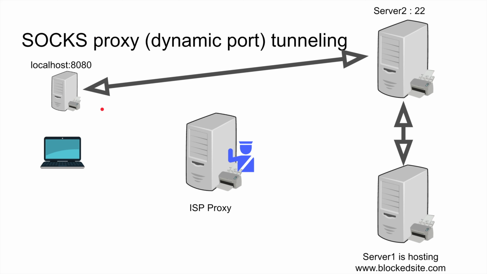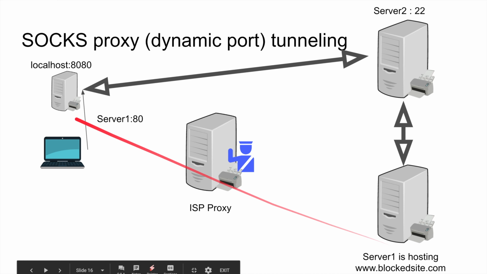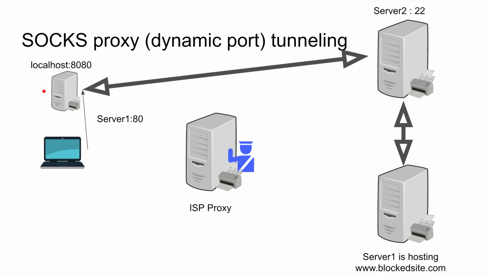But here's the cool thing. If you make a request to server 1 port 80, you don't make a request to localhost 8080 like with the local forwarding. You make a request normally as if you're going to server 1, just normally. Your network essentially will forward it to your local 8080, which is this tunneled SOCKS proxy, and then it says, okay, you want to go to server 1 port 80, let me smuggle you.